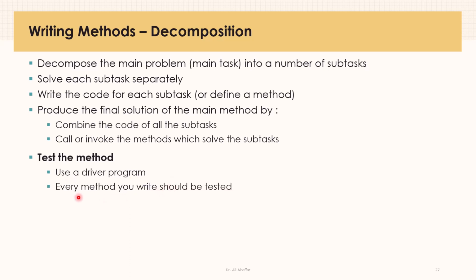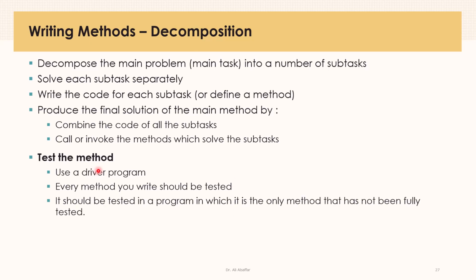So in this case, every method you write should be tested separately to make sure that it does not have any bugs and it is correctly solving the task, which is the solution for the subtask. In other words, it should be tested in a program in which it is the only method that has not been fully tested.